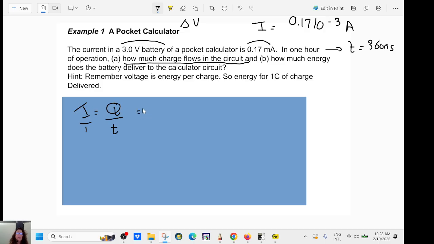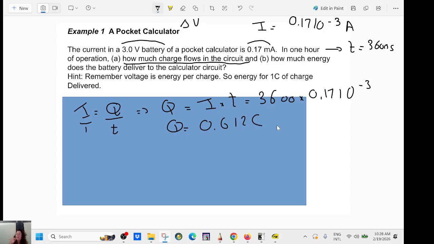So it will be the time times 0.17 times 10 to negative 3. Do you get that? Which is 612 millicoulomb.